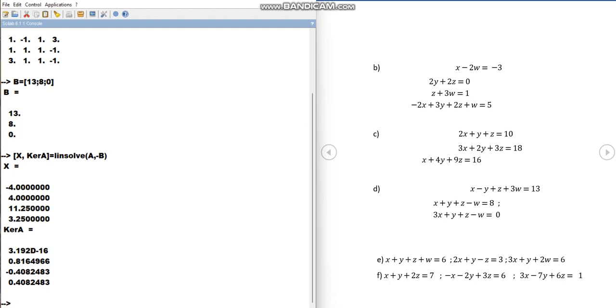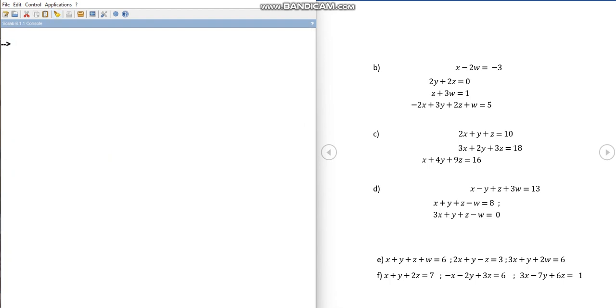Now there are a few more questions, E and F. We can try those questions as well. The first one is a system of 3 linear equations in 4 unknowns. So the matrix A is 1, 1, 1, 1. Then we have 2, 1, -1 and the w coefficient is 0.